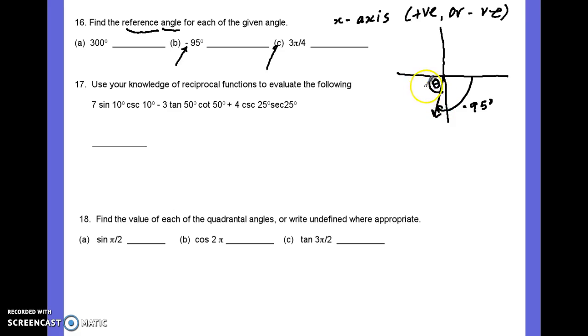It's going to be the positive angle. So the reference angle here will be 180 take away 95. Again, it's going to be the positive angle. Borrow. 10 take away 5 is 5. 17 take away 9 is 8. So the reference angle is not negative now, but the positive or absolute value of the angle that this ray makes with the x-axis. That's the reference angle.